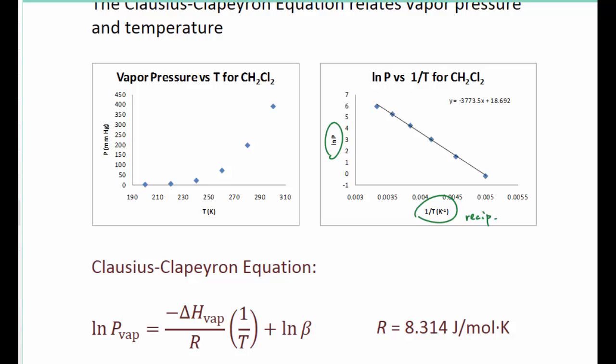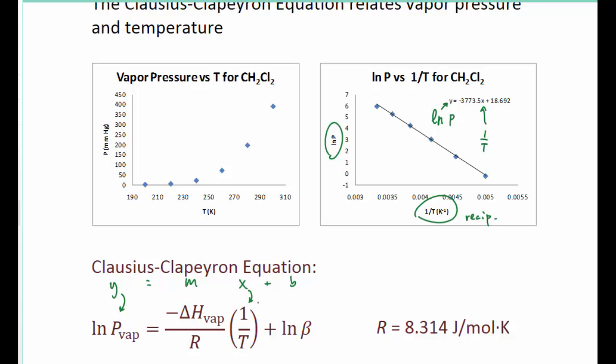So if we just replace natural log of P for y, and we place 1 over temperature for x, we can see where that fits in with this equation. m is the slope, x, plus the y-intercept right there. So that's what we said for y, natural log of pressure. That's what we said for x, 1 over T.